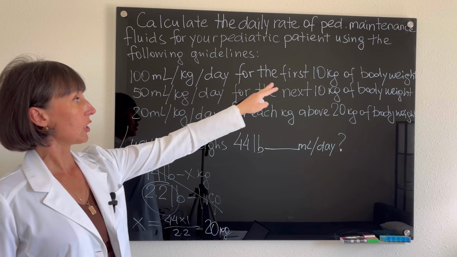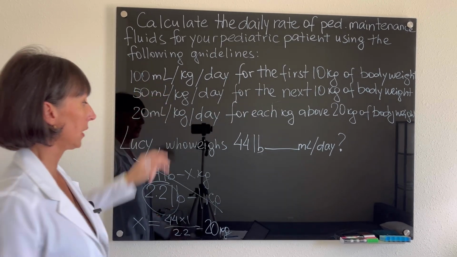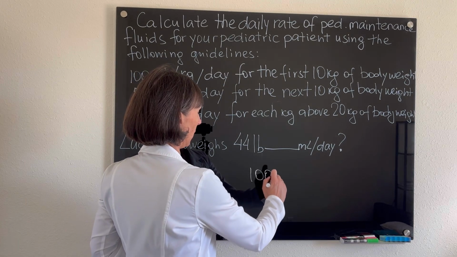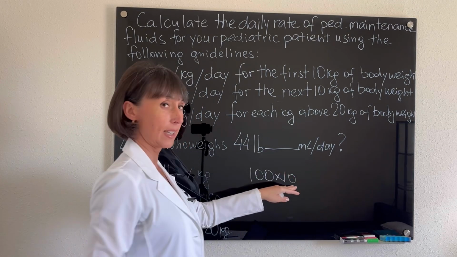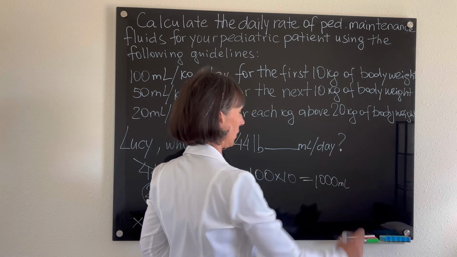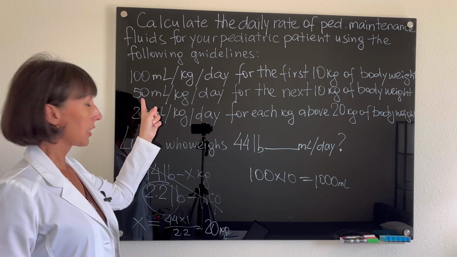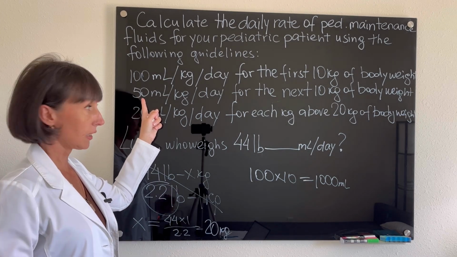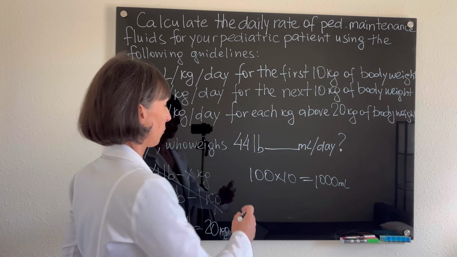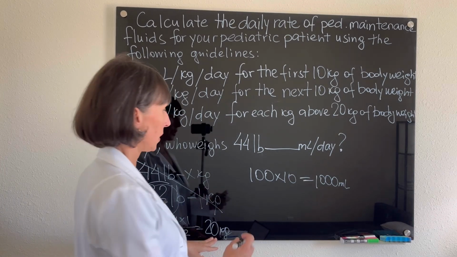So for the first 10 kilograms of body weight, I'm using 100 milliliters per kilogram. 100 times my first 10 kilograms give me 1,000 milliliters. Now, for the second line, I'm using the next 10 kilograms of body weight, and I still have something to use there.